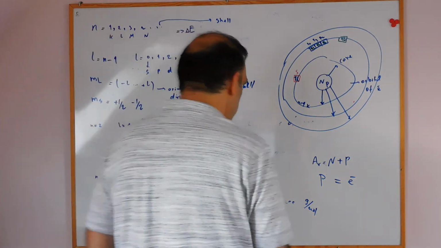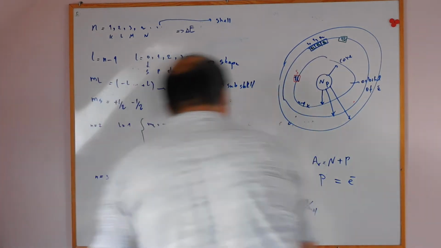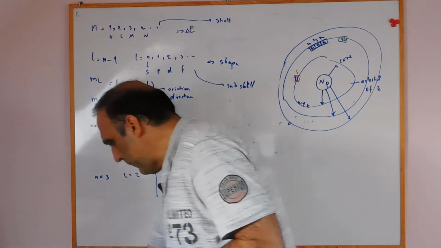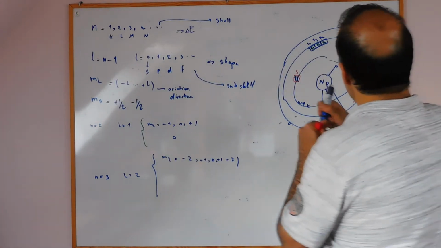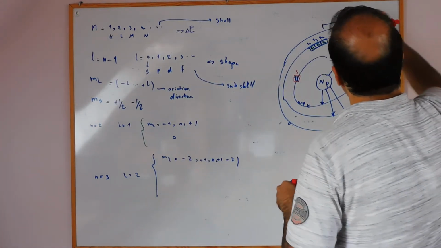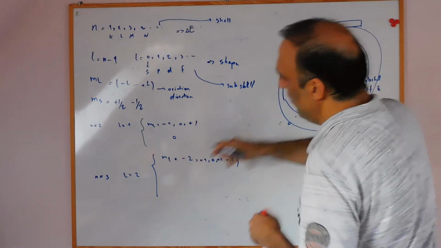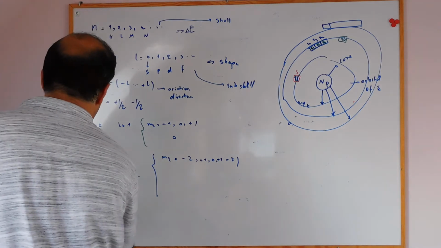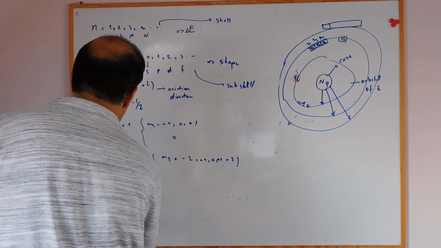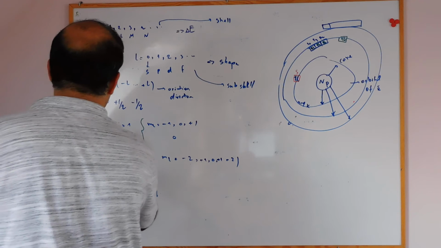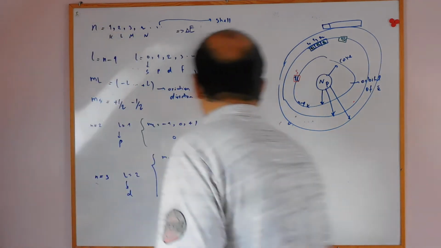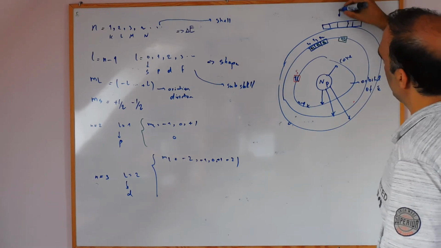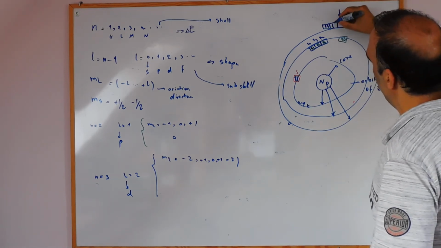In this case, in the third layer, we can have 5 orbitals. The shell name is M, and here the orbital name is D. Here the orbital name is P. The D orbitals are 5, and 10 electrons can be inside them.